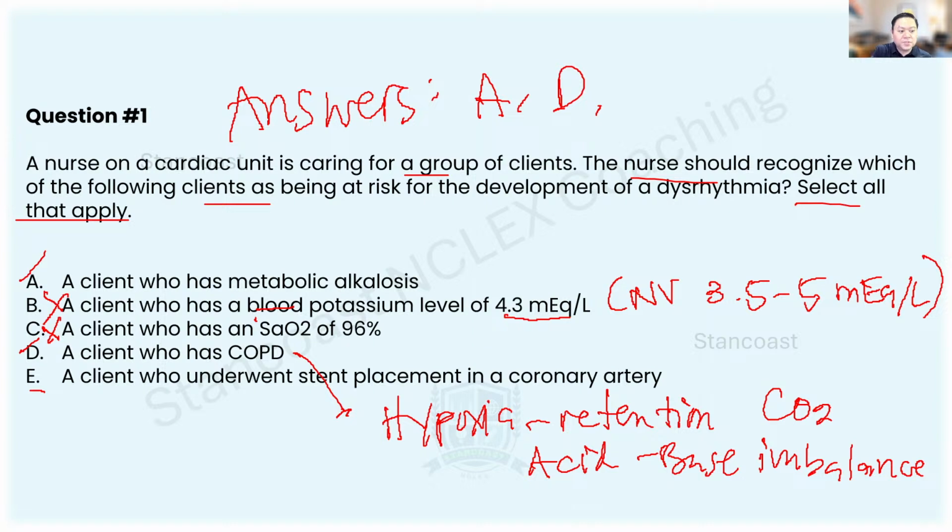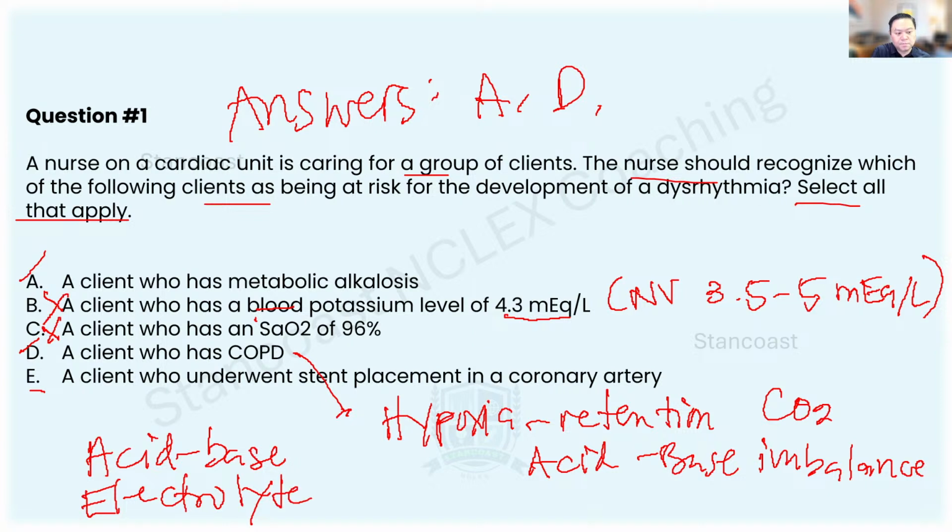So our focus here is to look for those acid-base or could be electrolyte imbalances. Look for those in these options, okay? COPD or a patient that may have a metabolic alkalosis. All right, let's move on to the next question.